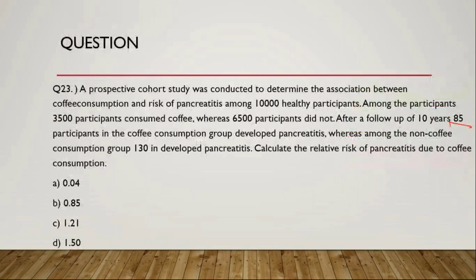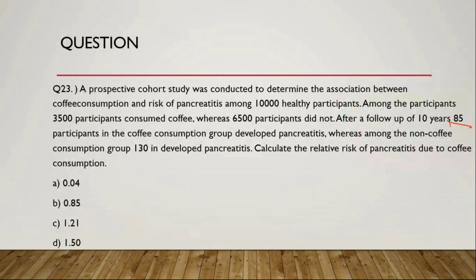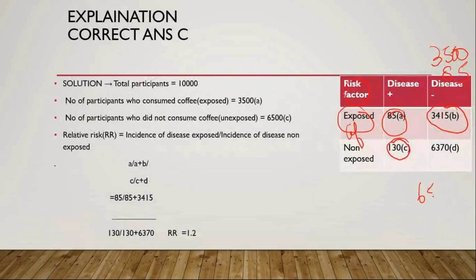While in the non-coffee consumption group, it is written that 130 developed pancreatitis. So 130 are the non-exposed with disease. And the total is 6,500 participants who did not consume coffee. So 6,500 minus 130 is 6,370.